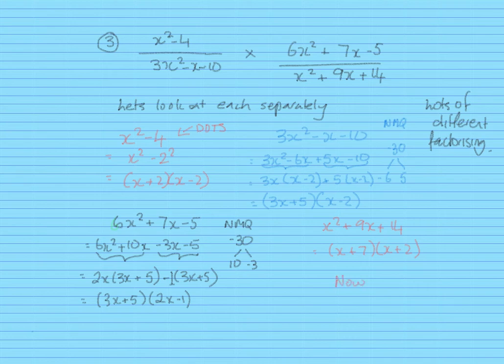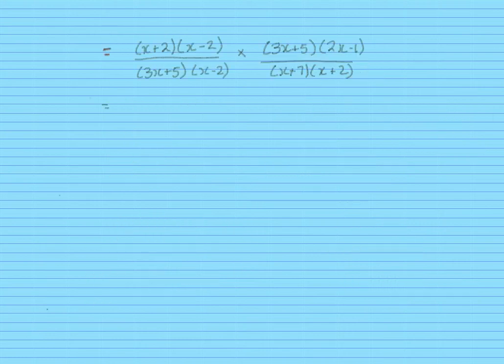Okay, so now I have to put this all together. So I'm going to rewrite the question on the next page with the factorised form. Okay, so you can see I've replaced all of my unfactorised expressions with factorised expressions.